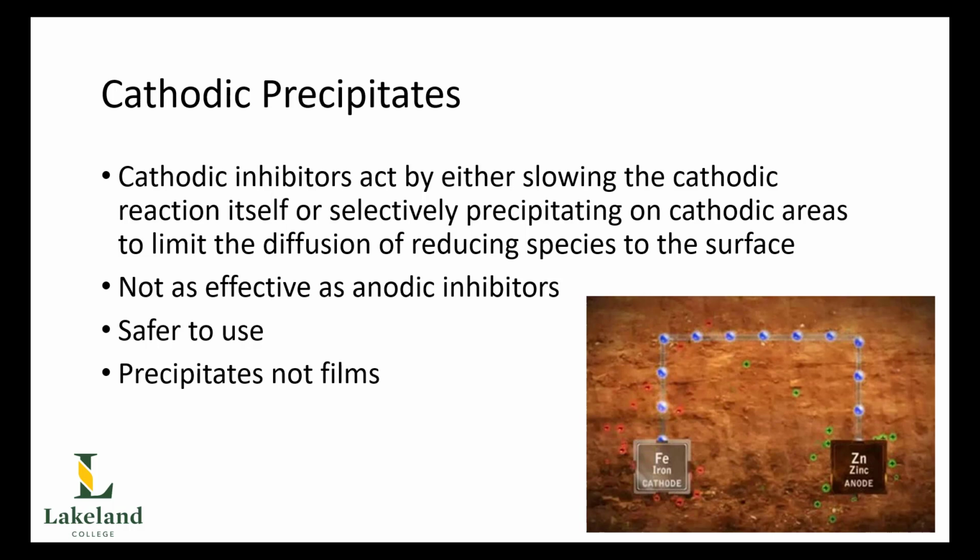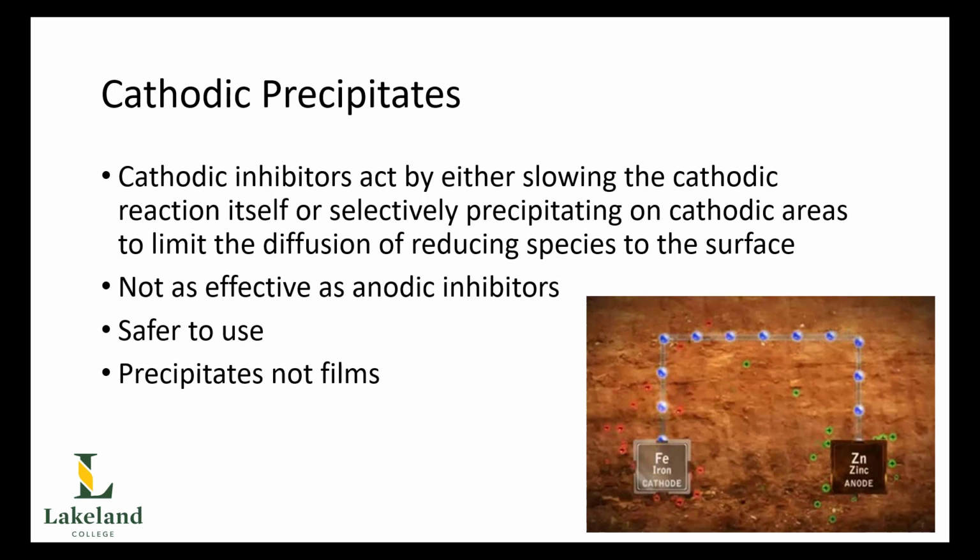Well, a cathodic precipitate is basically going to be deposited into those cathodic areas. Now, cathodic precipitators aren't that effective as compared to anodic inhibitors, and that's just because they have to be covered over a much larger area as opposed to an anodic site, and that can be quite a problem.